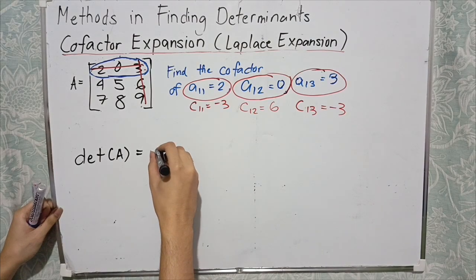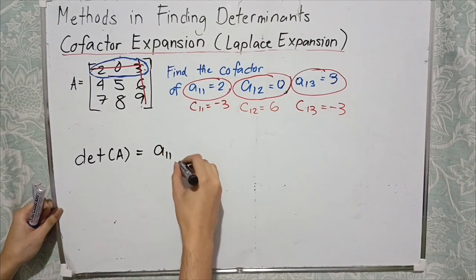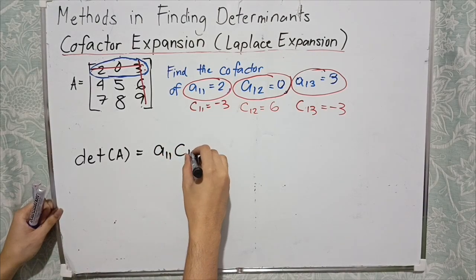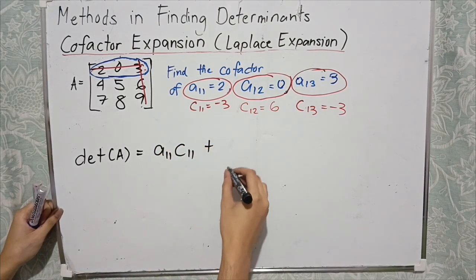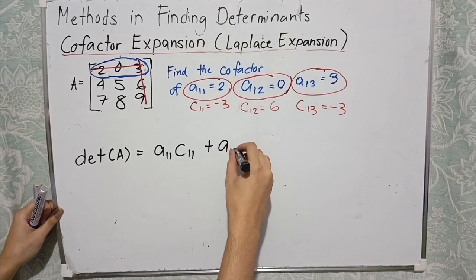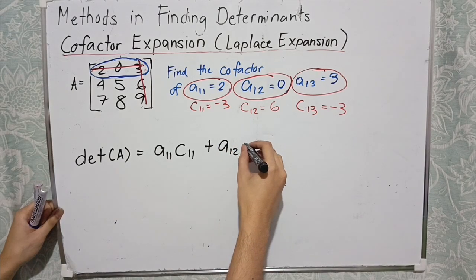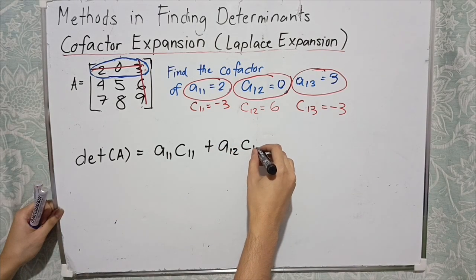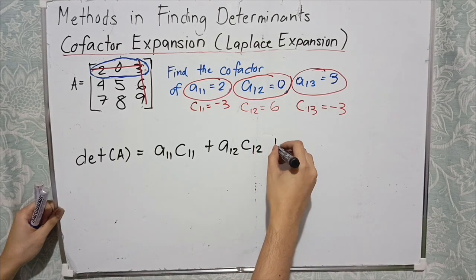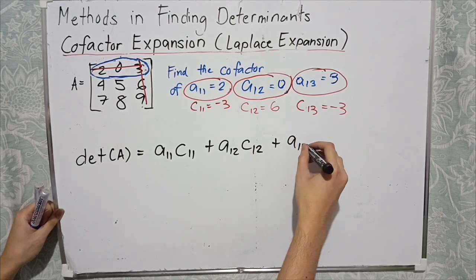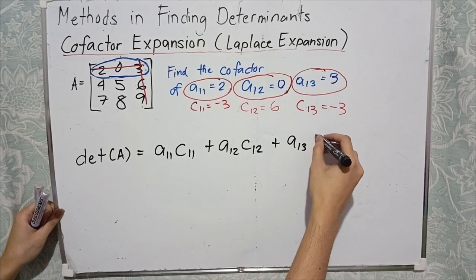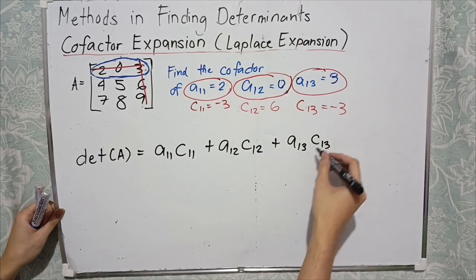So we have A11 times its cofactor C11, plus A12 times its cofactor C12, plus A13 times C13.